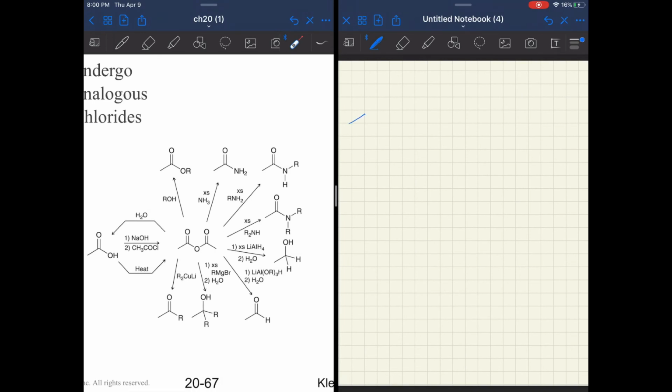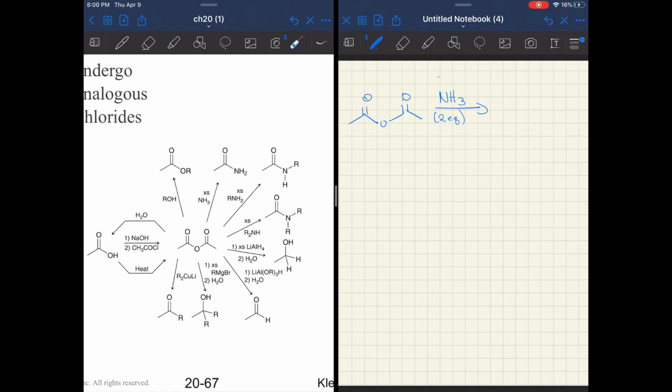I will do one because I just want to show you how this will look as a leaving group. So what should we do? Let's do a simple aminolysis, and this might say 2 equivalents, right? Because that amine is going to be there again to pick up any acid that forms.